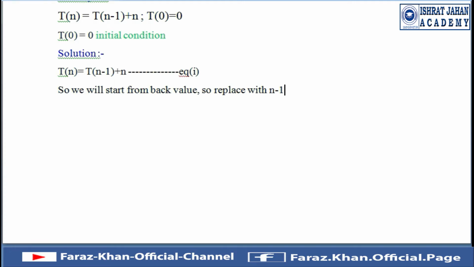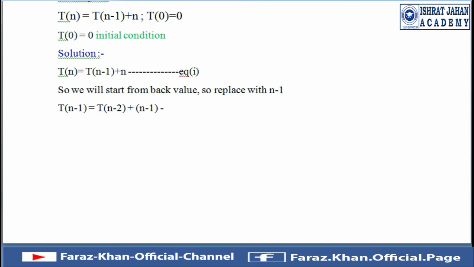And we call it, so when we replace n with n minus 1, T of n minus 1 is equal to T of n minus 2 plus n minus 1.